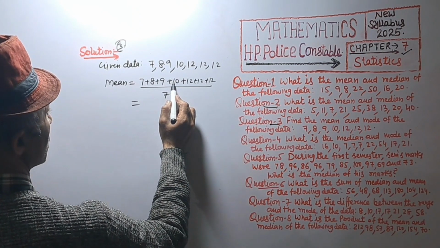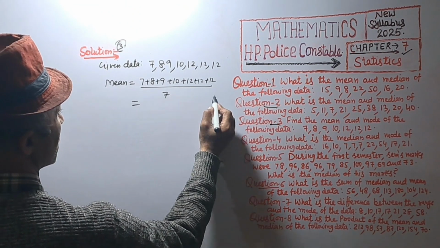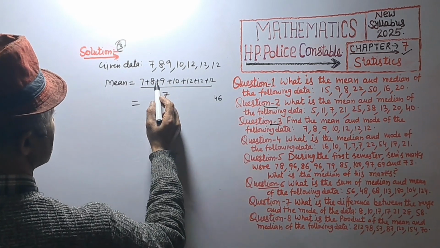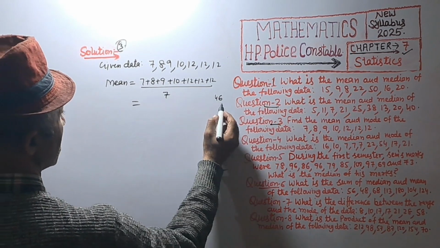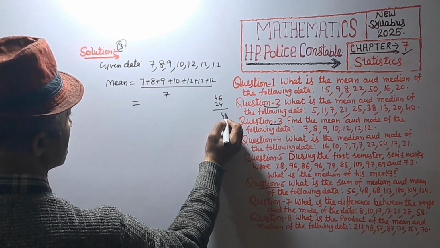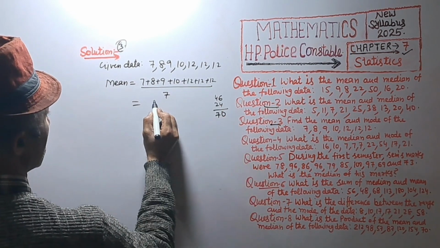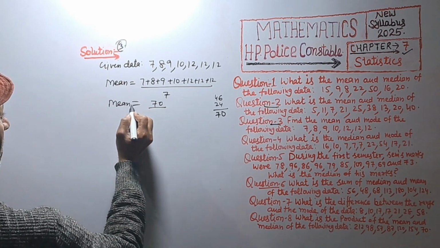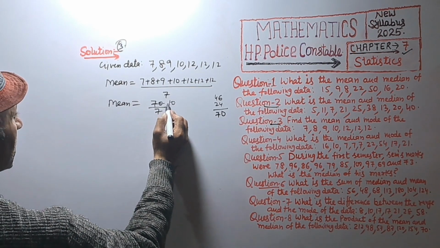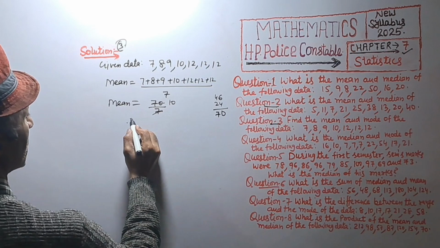36, 46. 46 plus 9 plus 8 equal to 17 plus 7 is 24. Sum is 70 and divided by 7, that is 10.